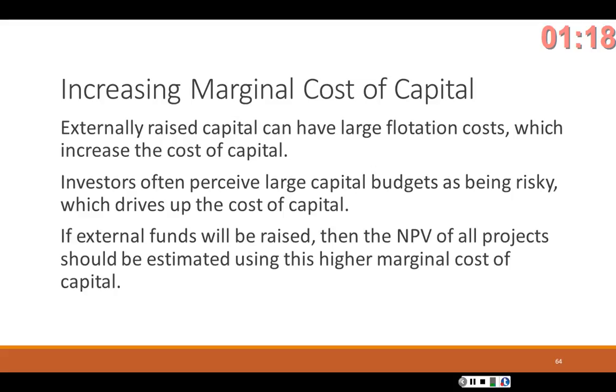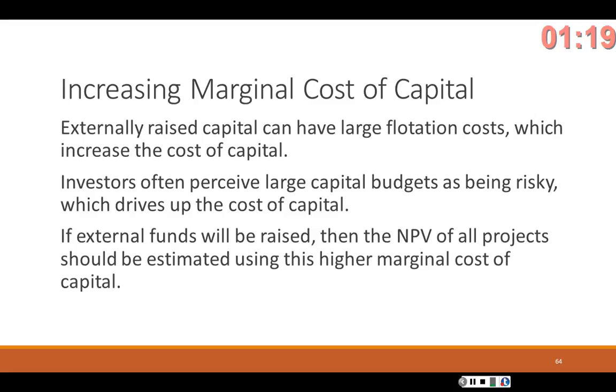So the marginal cost of capital may increase because we are having to raise these funds externally. These externally raised funds have large flotation costs, therefore increasing the cost of capital. Investors also perceive large capital budgets as risky, and this is again going to drive up the cost of capital.